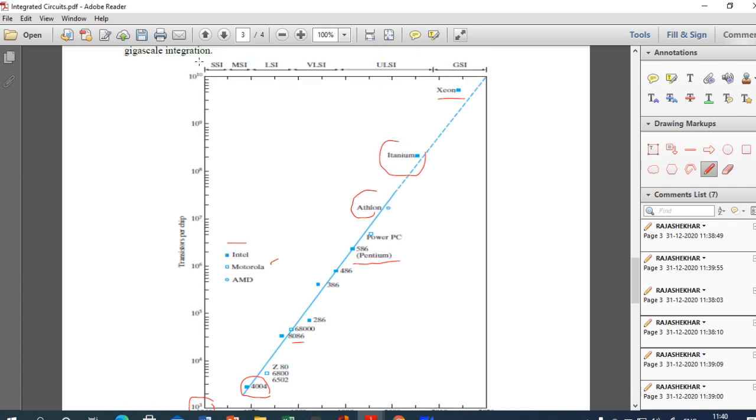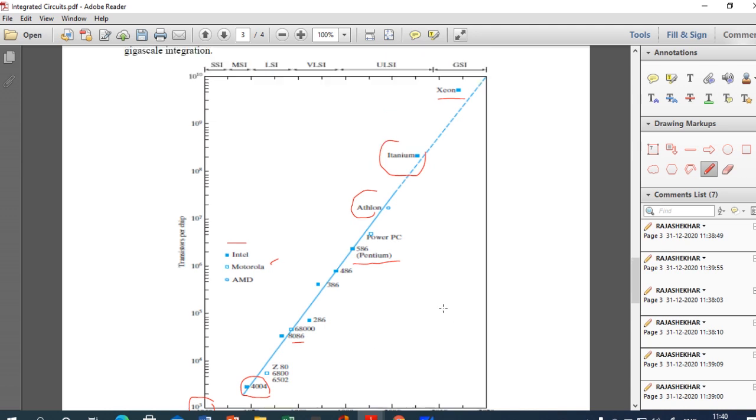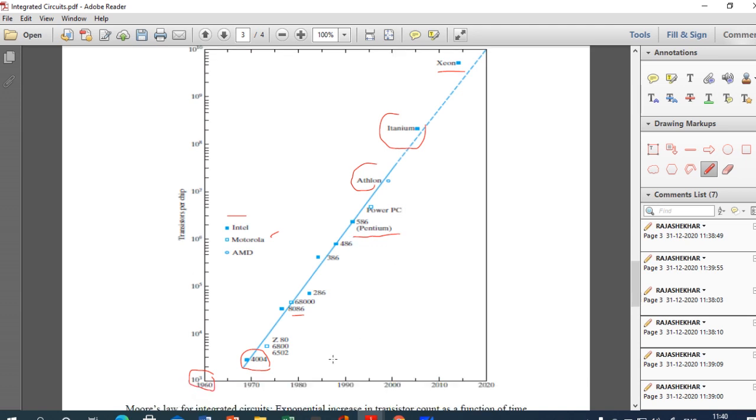So like this, different technologies have been adopted. With that, different microprocessors have been manufactured by different companies in different years. So this is about the evolution of ICs with respect to year, technology and the companies.